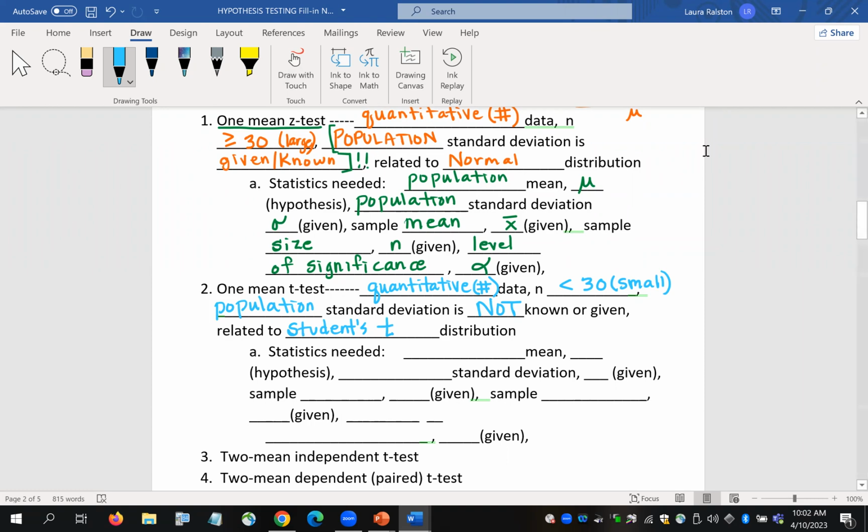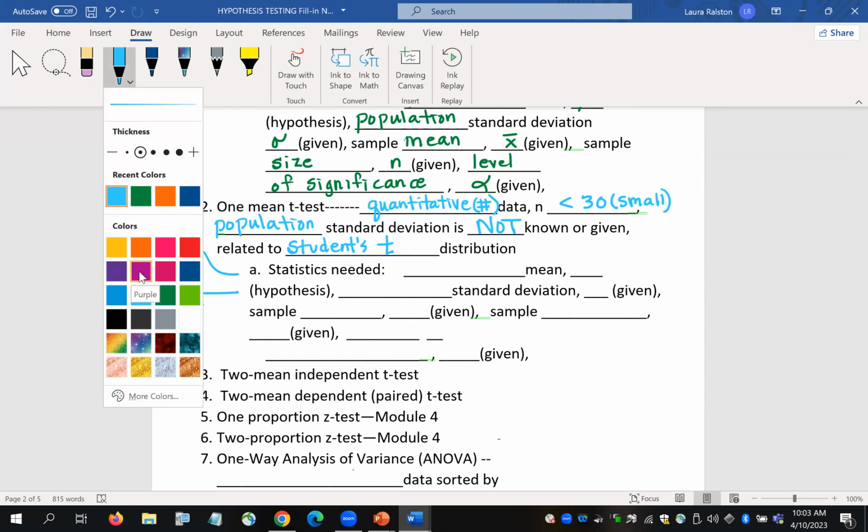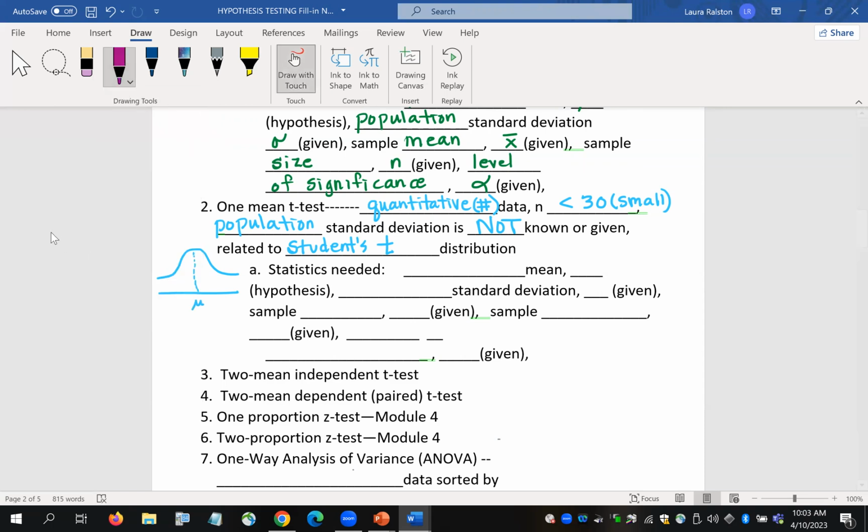Remember, the t distribution is very similar to the normal distribution. It's still that bell-shaped, smooth, symmetric curve, and it's symmetric about the mean. But the difference is it doesn't taper off as fast, so you have more area in the tails. Again, notice here that it says the population standard deviation is not given or known.